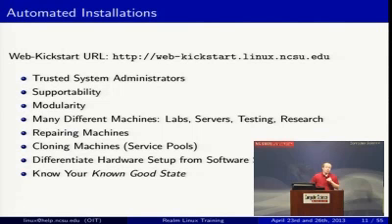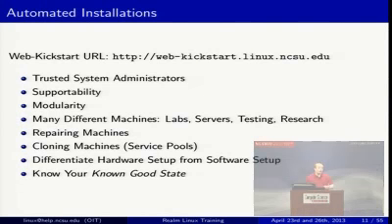Whether you simply put the config file down and sent a grad student out there to kick the machine to actually install it, we still infer that a Trusted System Administrator has done that configuration. Supportability: Web Kickstart helps us make sure that certain bits of configuration get applied to your machine. Your bconfig or your Puppet configuration tools have been set up and configuration is applied appropriately. The Trusted Systems Administrator concept, etc.